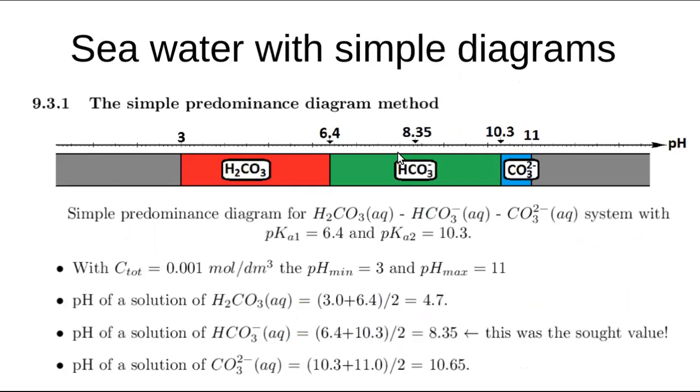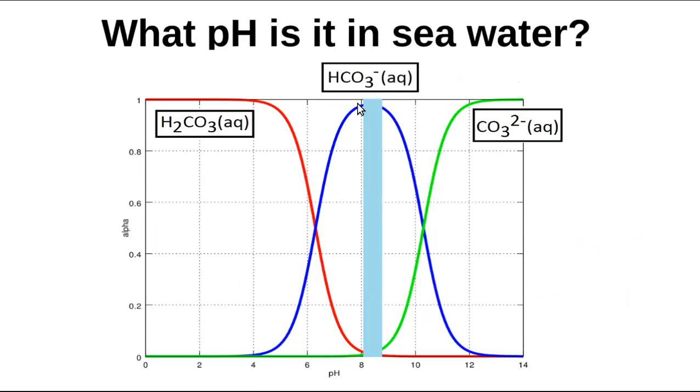But from a chemical point of view, using this simple predominance diagram method, one can calculate the pH of seawater. This fraction diagram is perhaps not very helpful in that respect. We see that it is somewhere, since if we assume that we have mainly hydrogen carbonate in the water, it has to be somewhere here.